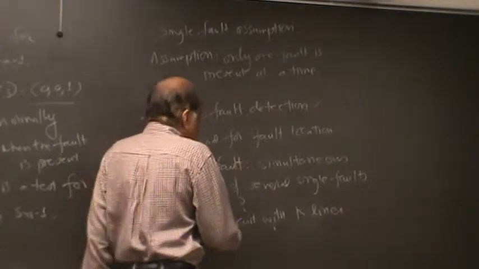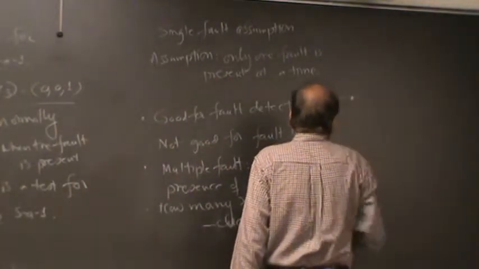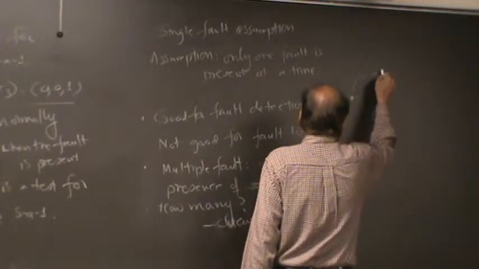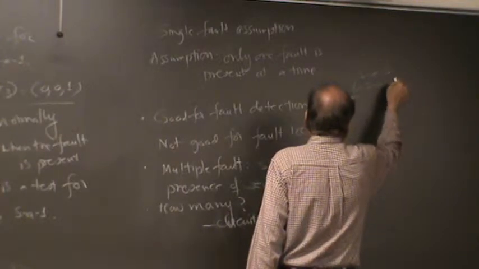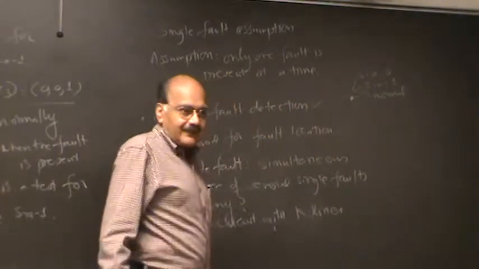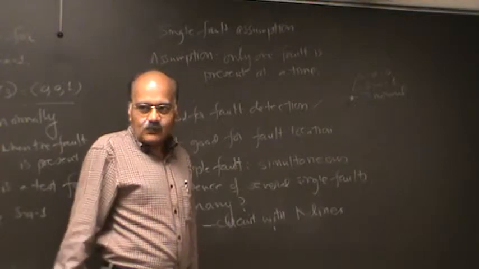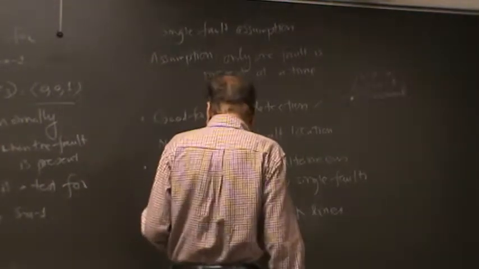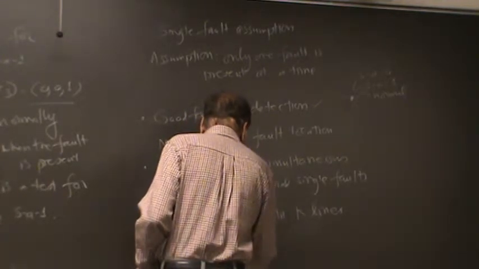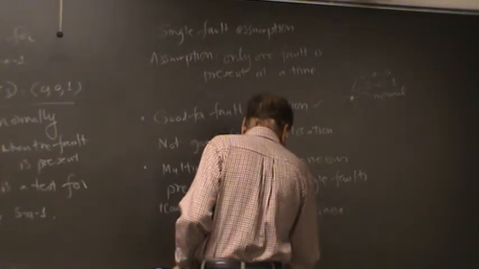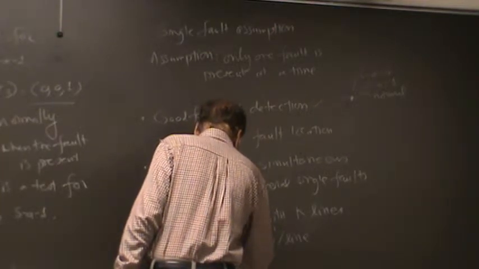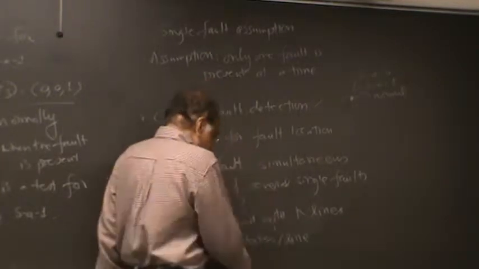At a particular line, let's say here is a line, this could be stuck at 0, or stuck at 1, or it could be normal, right? So any node could be any one of these three. So you basically have three states per line. And if you have k lines, then you have a total of 3 raised to k different situations.